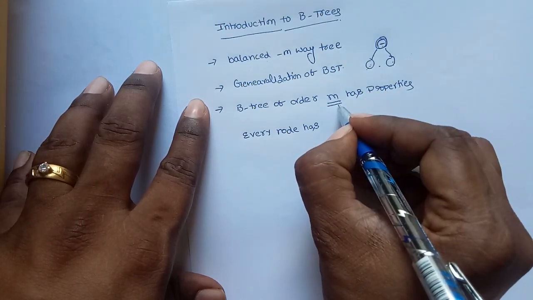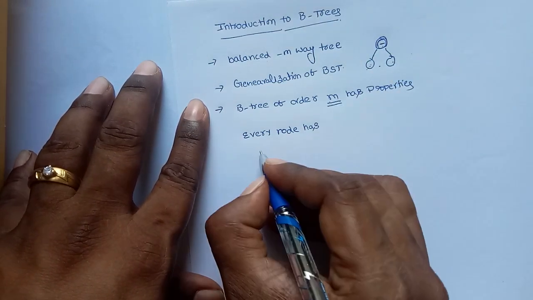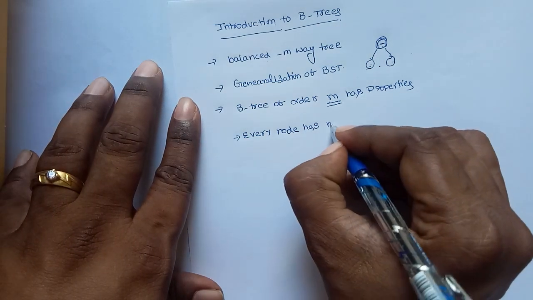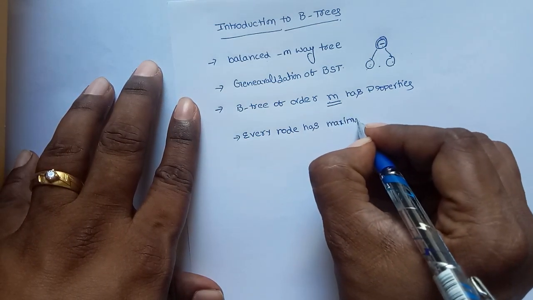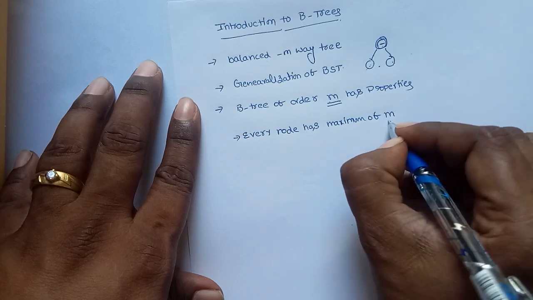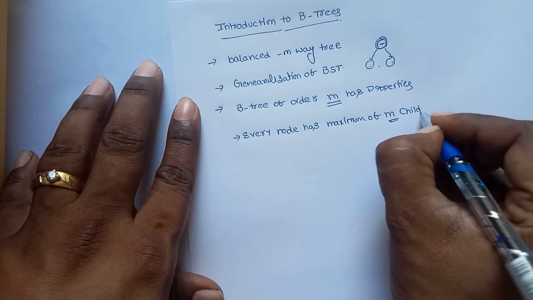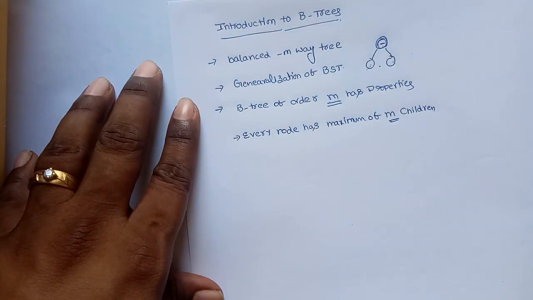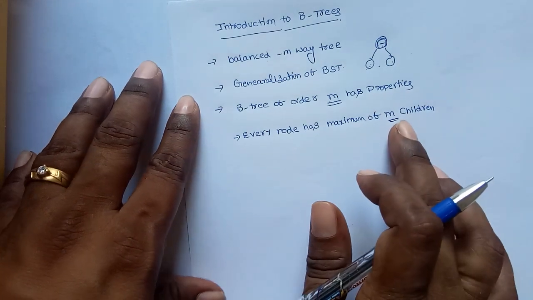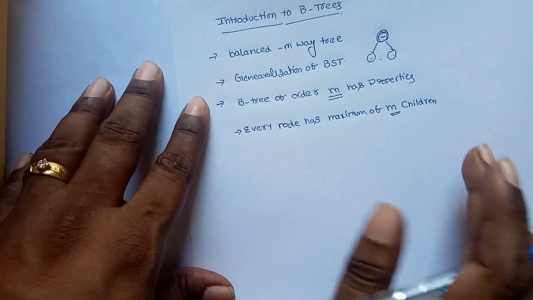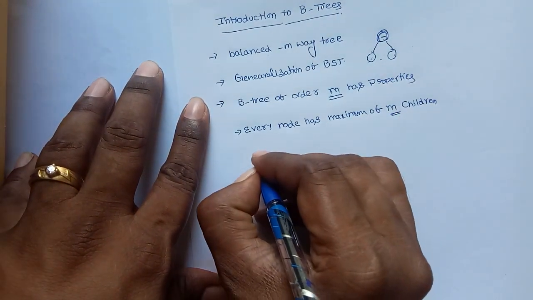Order M means the maximum number of children is M. Every node has a maximum of M children.